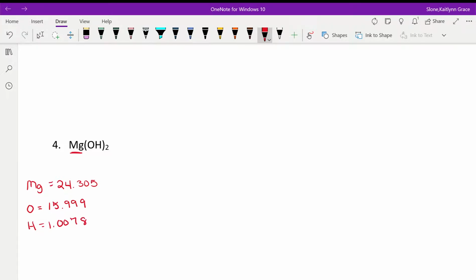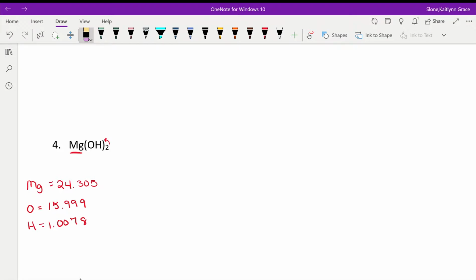But if you're looking at this, we have 2 hydroxide units. We don't just have one OH, we actually have 2. And that's why we have parentheses 2. It means we don't just have 2 hydrogens, we also have 2 OHs.